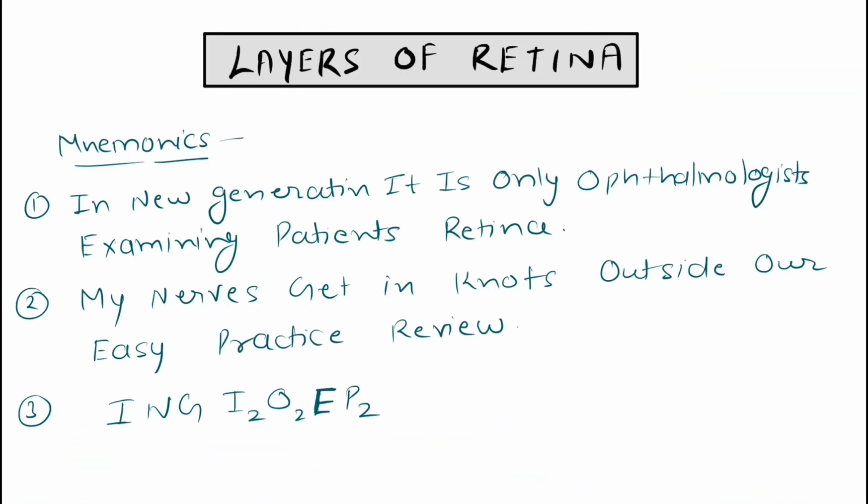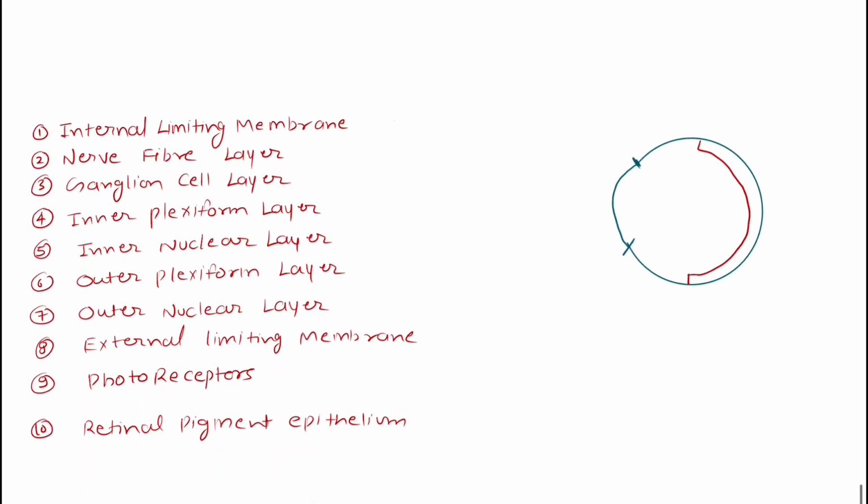Before going into the mnemonics, let's read the names of the layers. These are internal limiting membrane, nerve fiber layer, ganglion cell layer, inner plexiform layer, inner nuclear layer, outer plexiform layer, outer nuclear layer, external limiting membrane, photoreceptors, and retinal pigment epithelium.